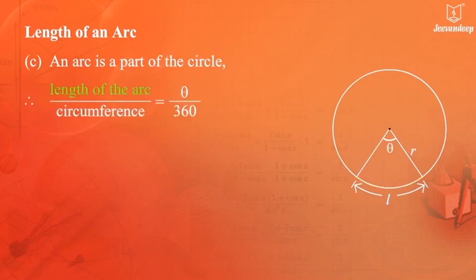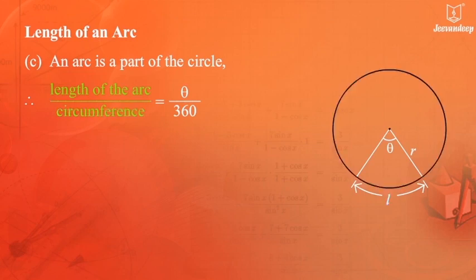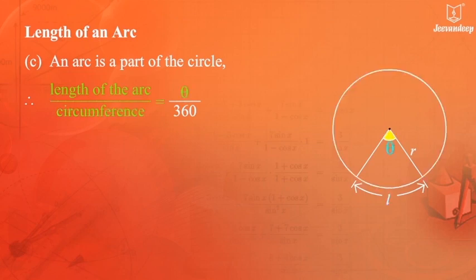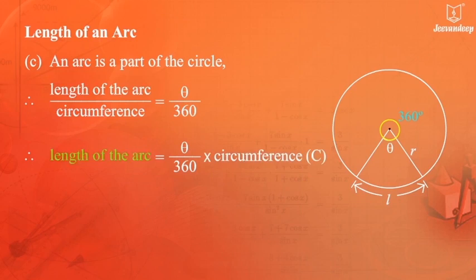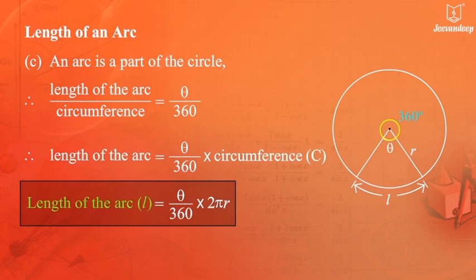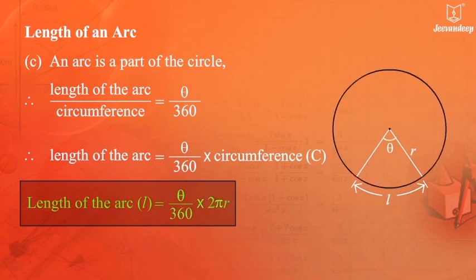Therefore, length of the arc upon circumference equals theta upon 360, or length of the arc equals theta upon 360 multiplied by circumference denoted by C. Length of the arc L equals theta upon 360 multiplied by 2 pi r.